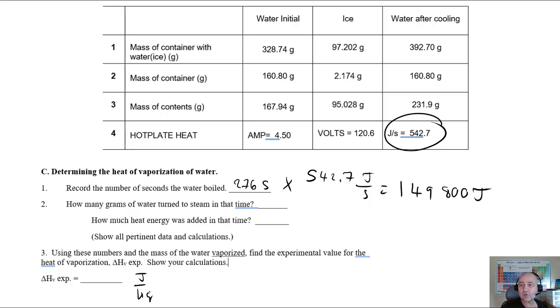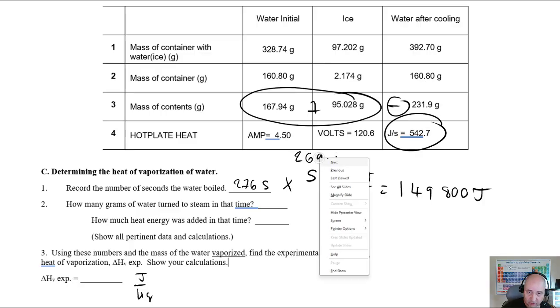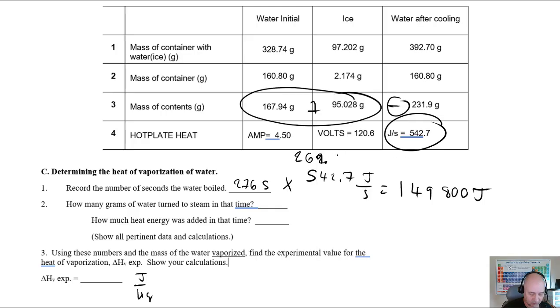And so in order to figure out how much we evaporated, we need to use the combined mass of this and subtract that out. So what was that again? That was 262, this is unfortunate, 262 point, doesn't matter.